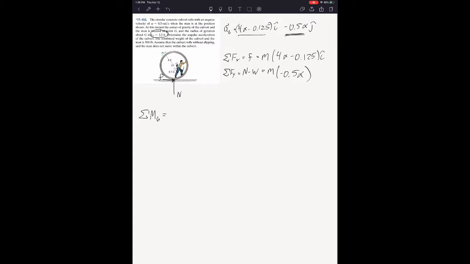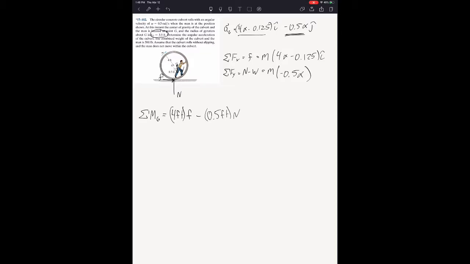It's creating clockwise rotation, so that's positive. 4 feet times F, with F being the friction force, then minus the normal force, which creates a moment about G, minus 0.5 feet times N.